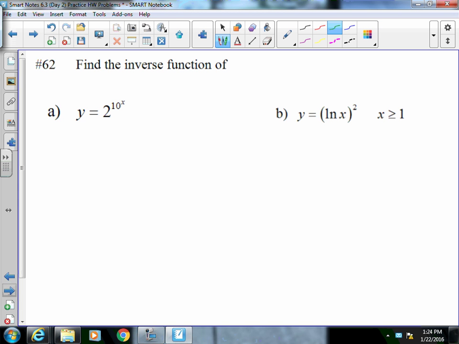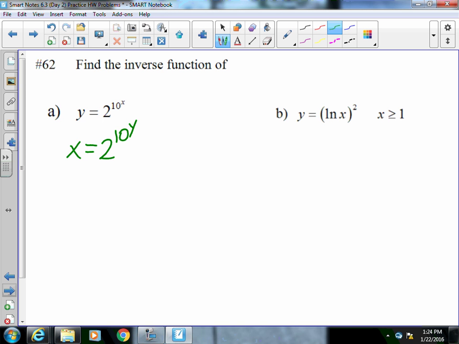All right, find the inverse function. Well, to find an inverse function, we switch our x and our y. So x equals 2 times 10 to the y. Now, I am trying to solve for y. In order to get it out of the exponent, I have to change form.